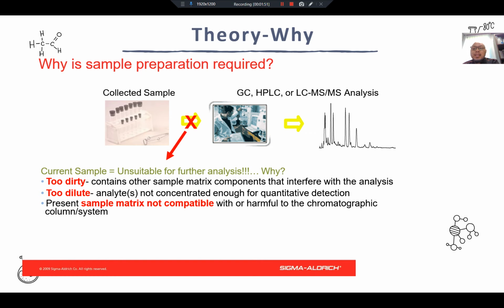For example, if your column is non-polar and your sample is in a non-polar matrix, injecting it into the column will dissolve the column. The properties of the column should not be changed. So what we can do is extract and prepare our sample, removing it from the matrix, so we can dissolve it in another, much more suitable mobile phase. I hope that is clear.